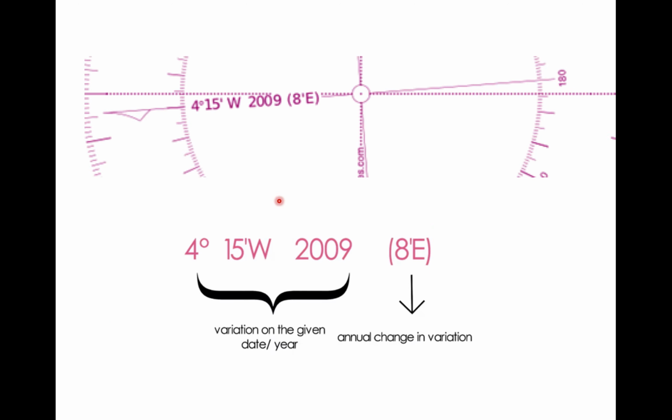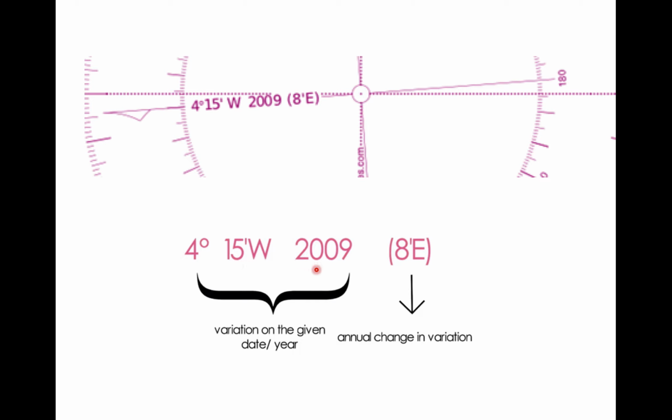Okay, so this is how we read the variation. In the first part, we have the variation, which is 4 degrees 15 minutes west, and we also have the year. This is actually the year in which the variation was taken.